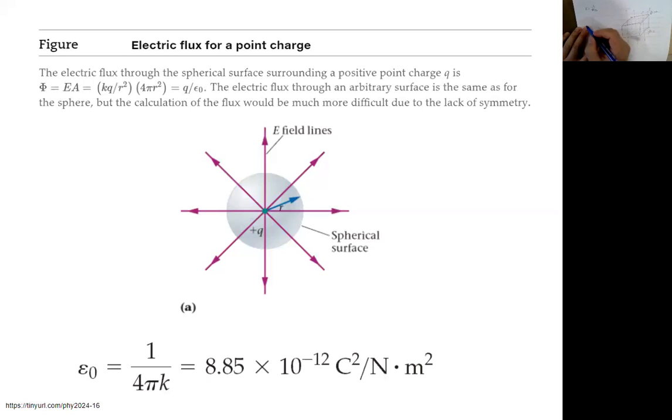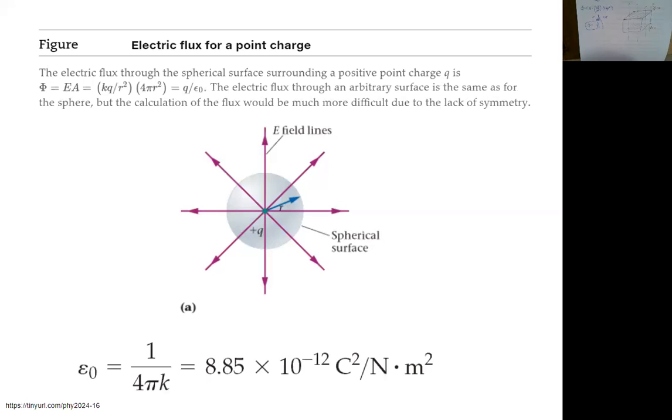So flux equals E times A equals kQ over r squared times 4 pi r squared. So r squared cancels out. You can replace K with 1 over 4 pi epsilon 0, times Q times 4 pi. So 4 pi and 4 pi cancel out. Then the flux will be equal to Q over epsilon naught.